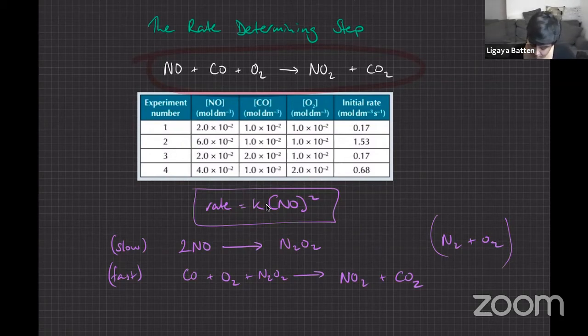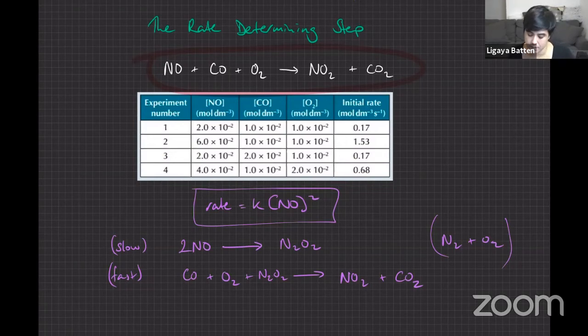Let me just double check. I think I may not have got the correct balancing in the equation, actually, now that I think about it. Yeah, if we look at that top equation, I didn't copy it correctly, but it should have been 2, 1, 2.